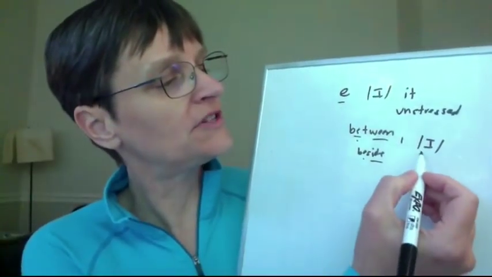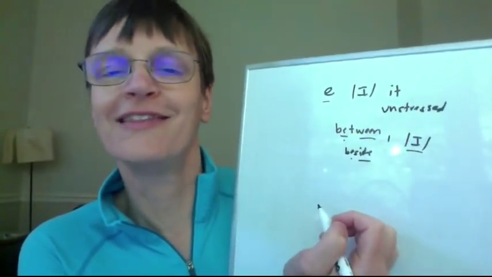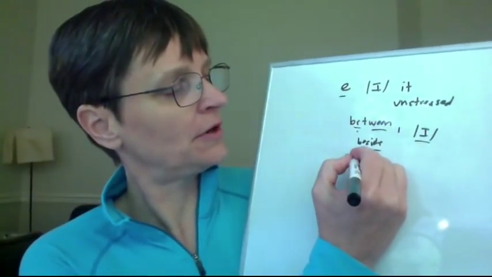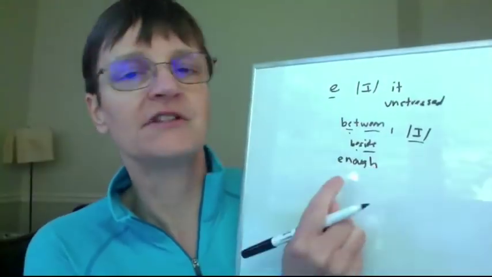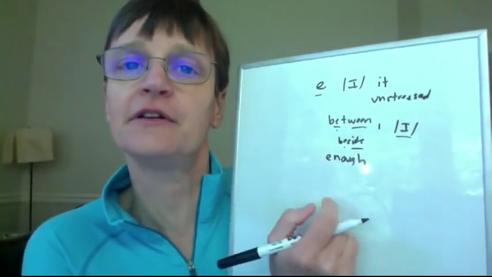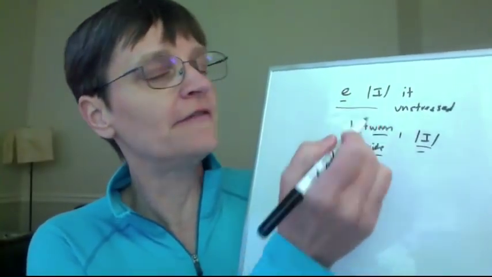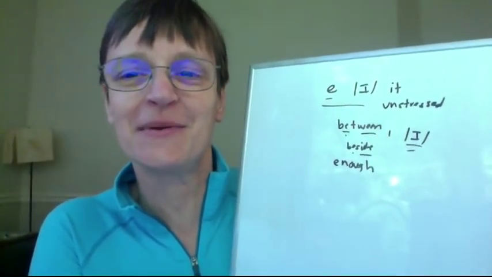So noticing and being aware of when the letter E says I is a useful tool. Another example would be the word enough. I don't say I have enough. I say I have enough. It's the I sound.